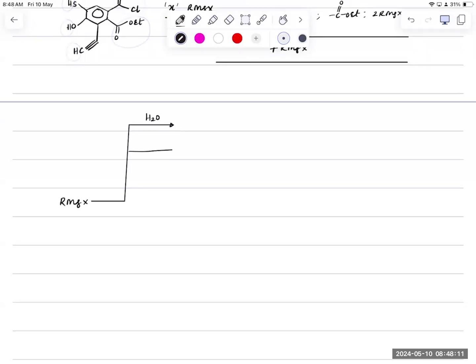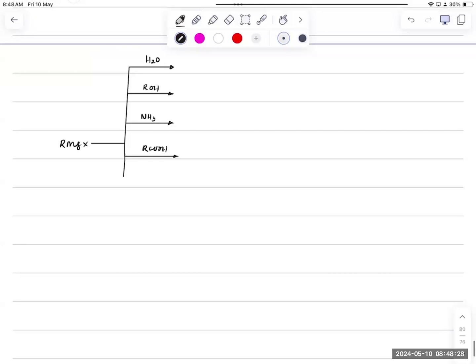Water, alcohol, ammonia, NH3, next, any carboxylic acid, RCOOH, or amines with acidic hydrogen on it, RSH, any type of RSH.